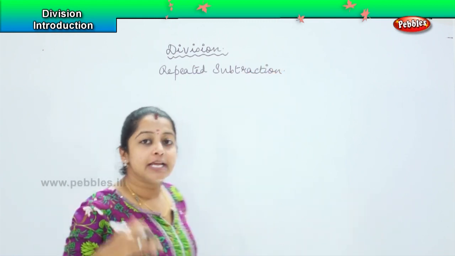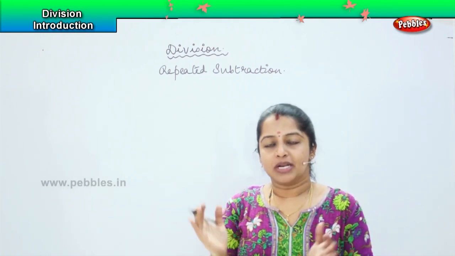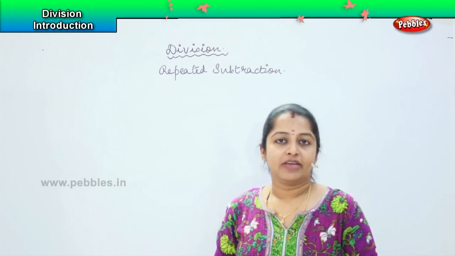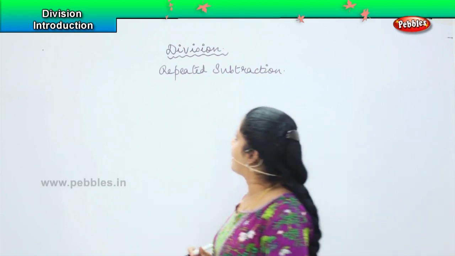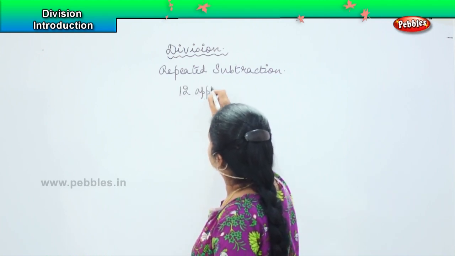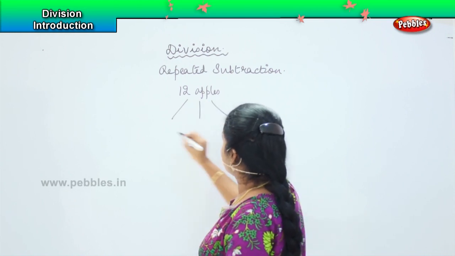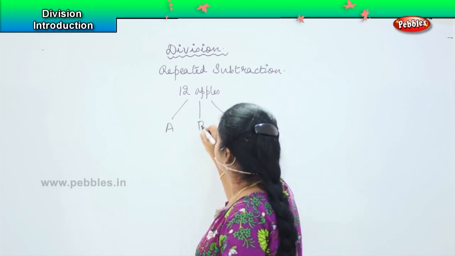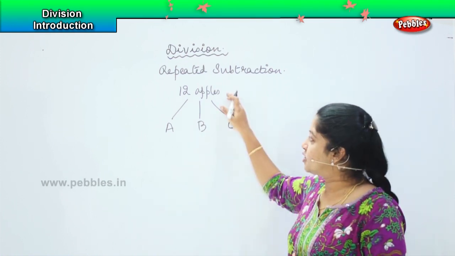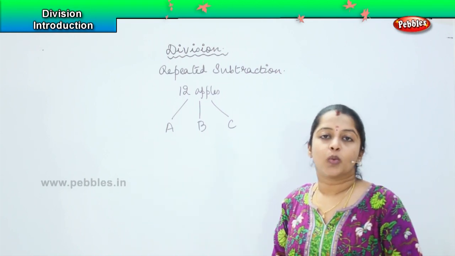So, division is basically done where we want to reduce the size of a number and divide it equally among a given number of lots. For example, if I have 12 apples and I need to divide them among 3 children A, B and C, I have to divide these 12 apples in such a way that each of them gets an equal amount.